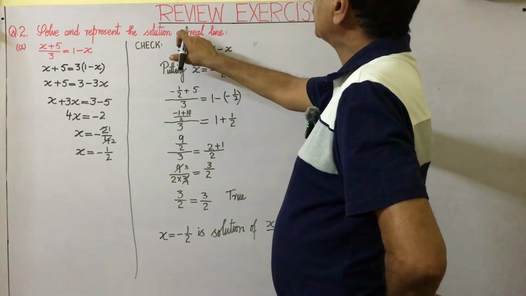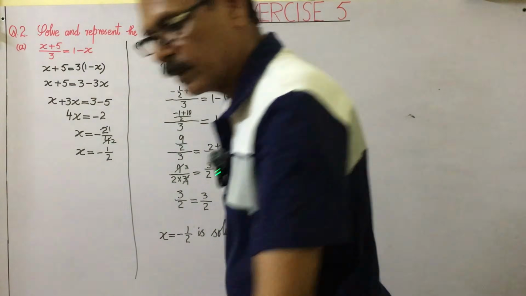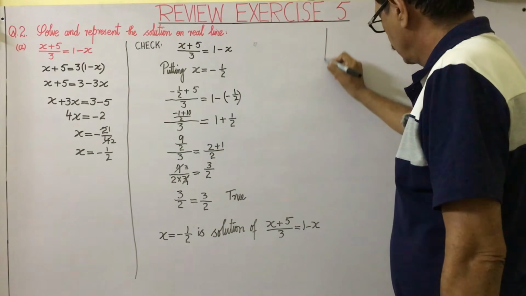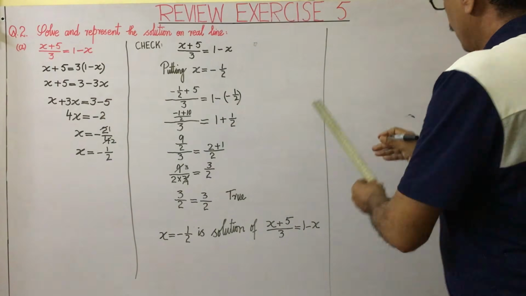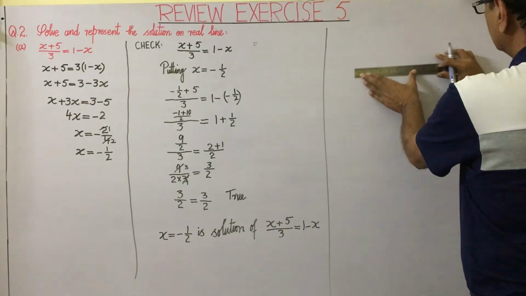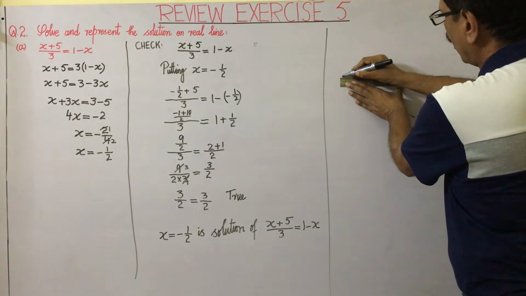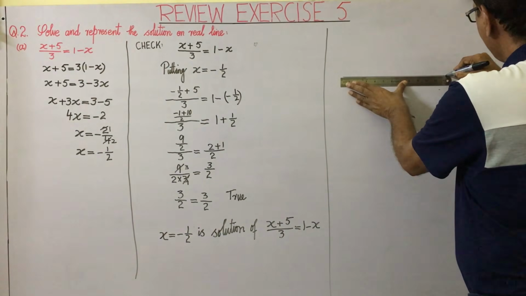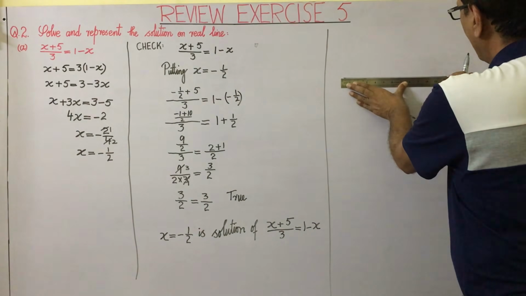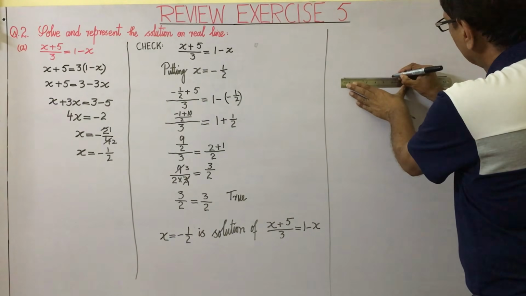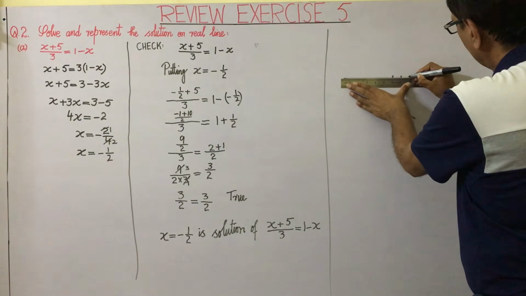Now let us represent it on real line. With the help of a foot ruler, let us draw a line. We have to mark equidistant points on the line.